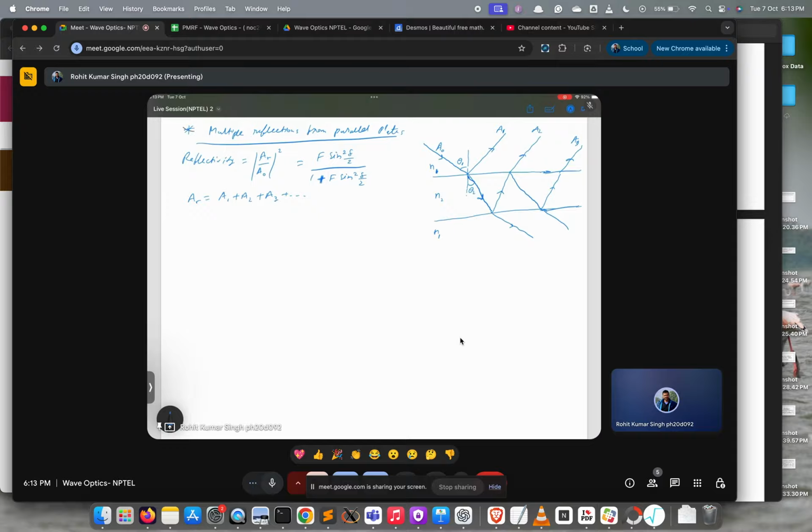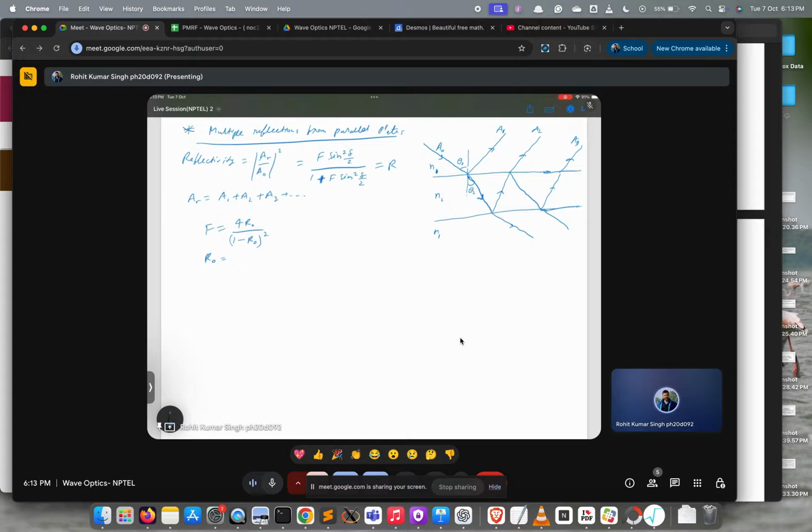This is the reflectivity of a surface, denoted by R, and F here is given as 4 R naught over (1 minus R naught) squared, where R naught is the reflectivity of individual reflected lights.